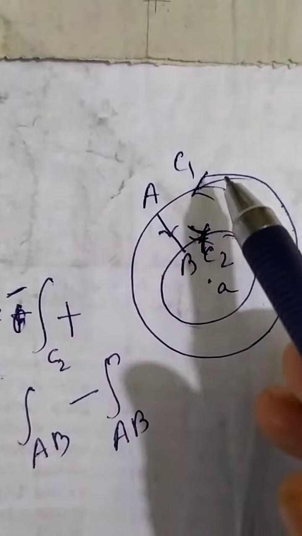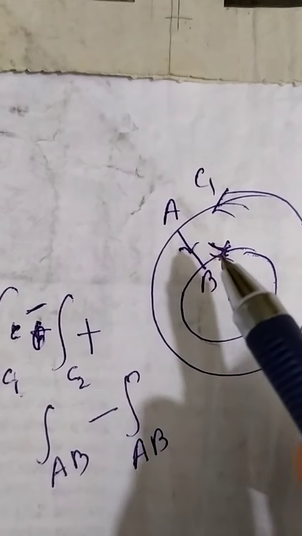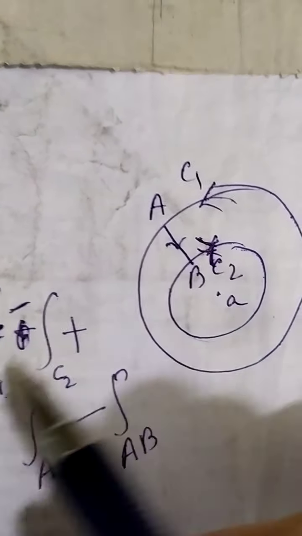Here, if I consider the closed curve, the first part is C1, which is in the anti-clockwise direction, so it is positive. Then C2 is in the clockwise direction, so it is negative.